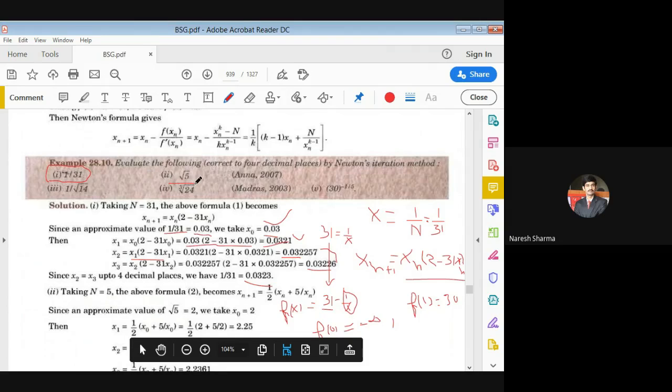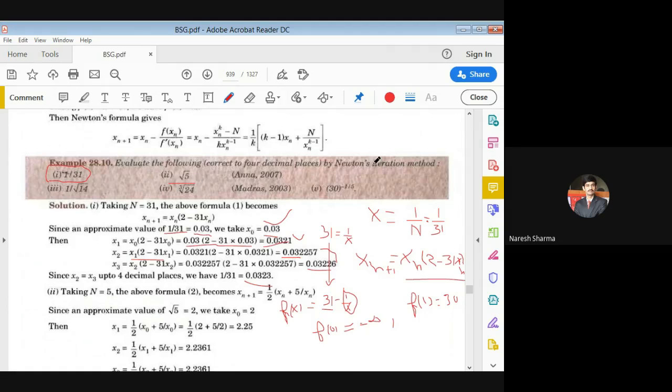Similarly for root 5, you first need to derive the formula, right? And we know that root 5 can be written as x is equal to under root 5. If we square both sides, x square is equal to 5, and x square minus 5 equal to 0. If we put 2 here, it is 4 minus 5, that is negative.